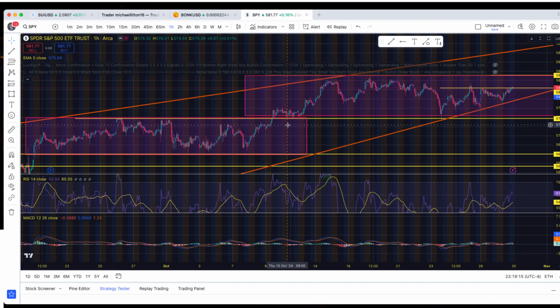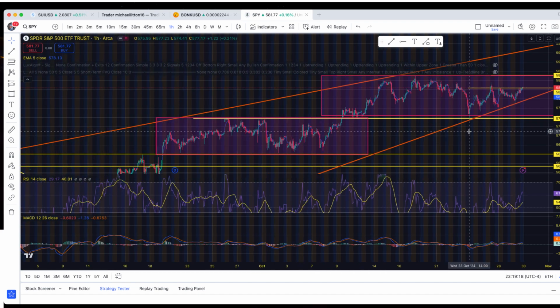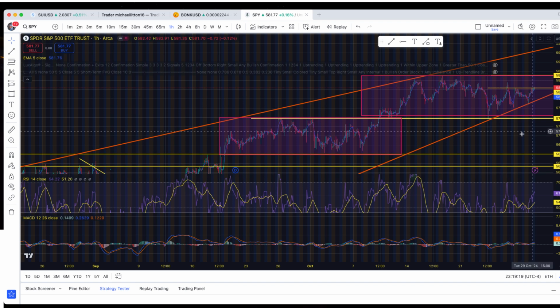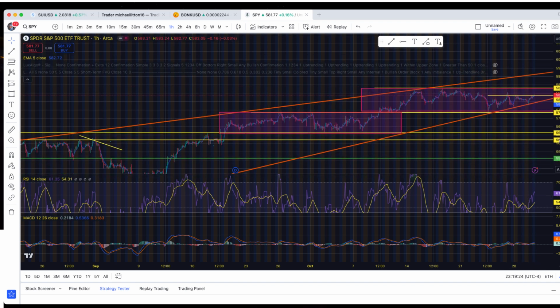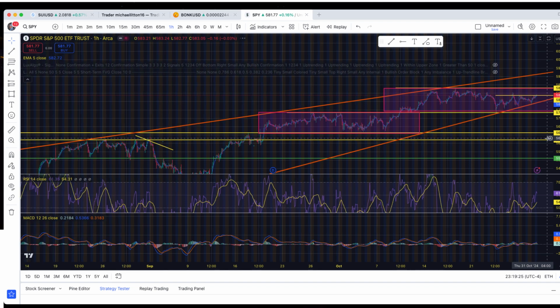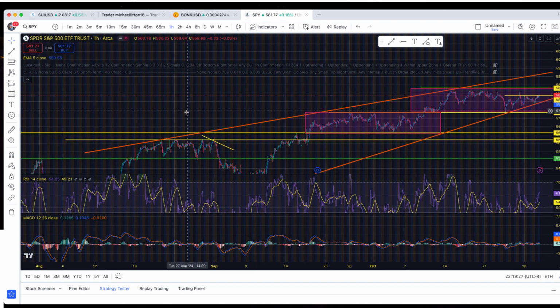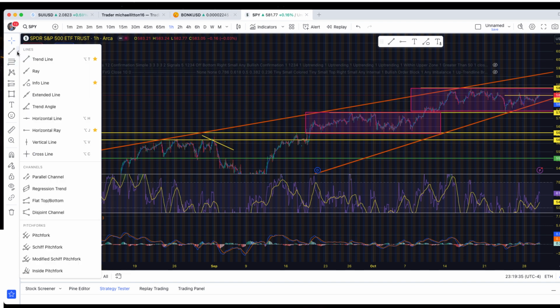So you can see, the safer trades are to wait for the break of structure. And this is how I identify my levels.